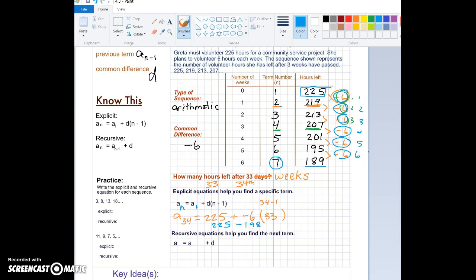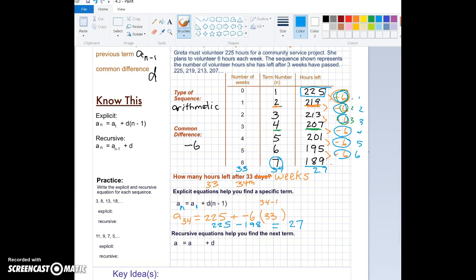I add -198 to my 225 and I end up with 27. So my 34th term, which is my 33rd week, is 27. That's how many hours are left after Greta has been volunteering for 33 weeks.